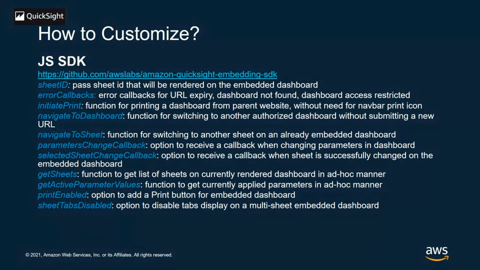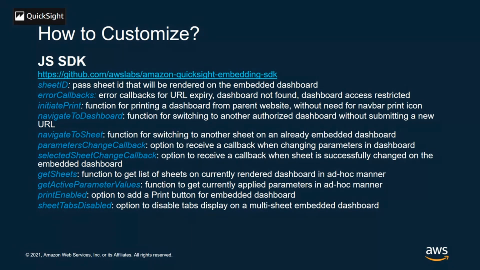Let's say that you want to embed this dashboard and make sure that based on where you're embedding it, you show a particular sheet as the landing sheet. So if you're embedding this to show just the revenue page, then you can use that ID and make sure that the revenue sheet is the first sheet that is rendered onto your page.